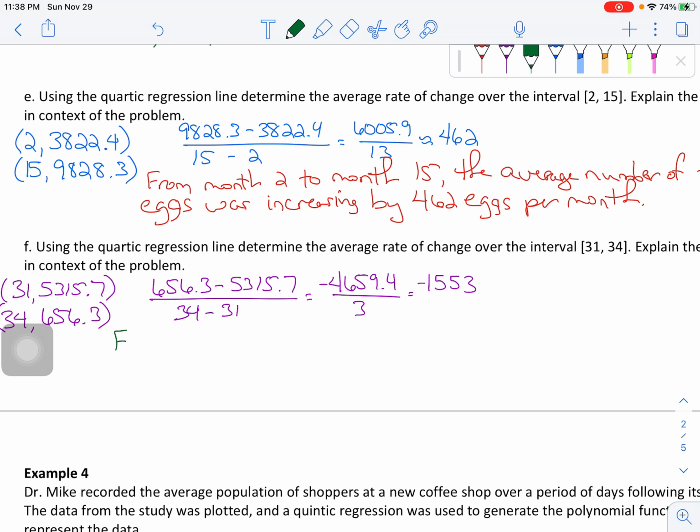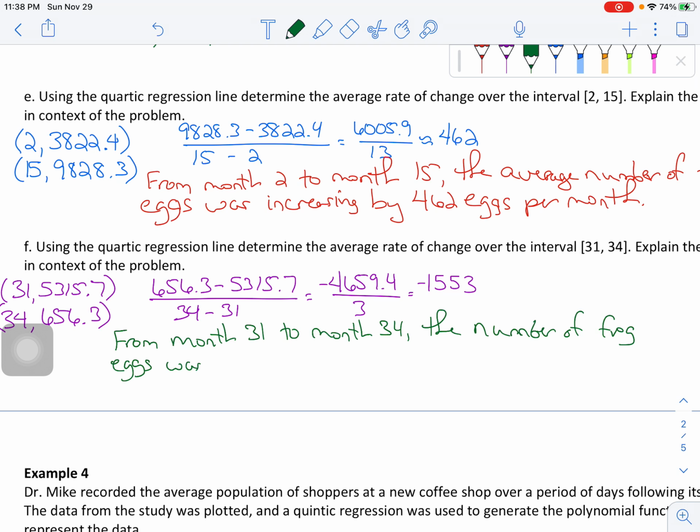So from month, hold on one second. Let's go there. Okay, so from month 31 to month 34, the number of frog eggs was decreasing by 1,553 eggs per month.